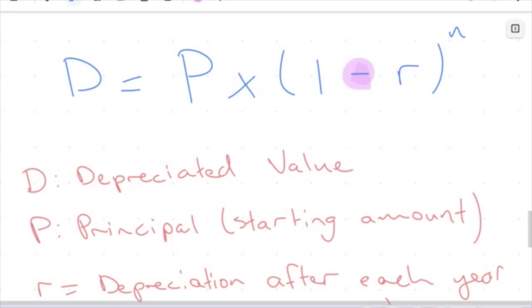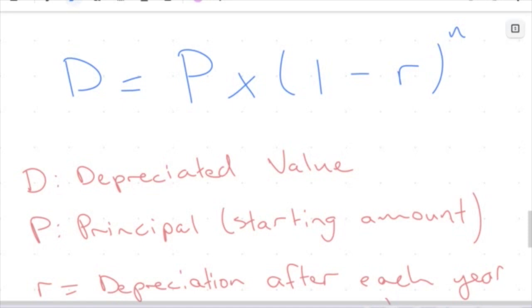The value's not going up, it's not adding. Well, adding is characteristic of getting bigger. It is getting smaller. The value of my car, for example, is getting smaller after each year. How do you make something smaller? You subtract.